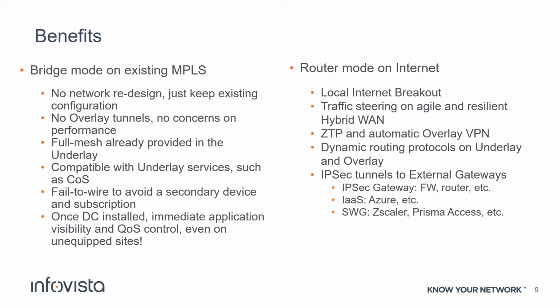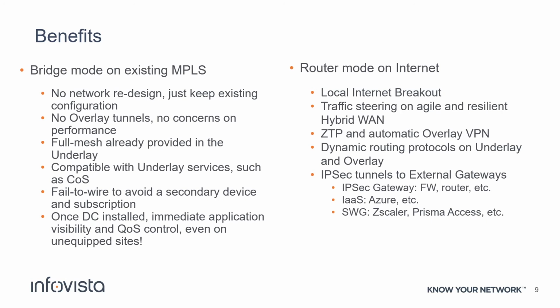At last, during the phase 1 deployment, once the DC is installed, you can benefit immediately from the application visibility and the QoS control, even on the sites that are not yet deployed with your SD-WAN device.